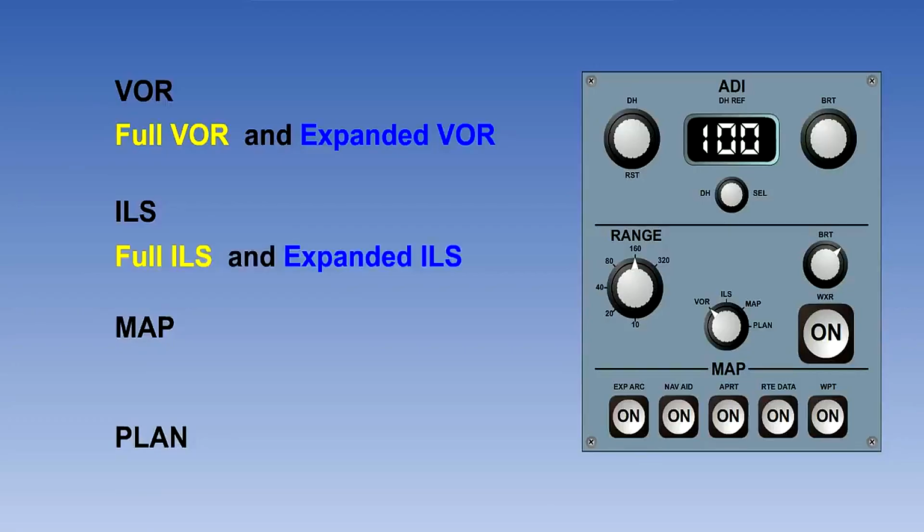Similarly, ILS mode can be subdivided into full ILS mode and expanded ILS mode. We will look at all the modes in turn this lesson. The modes are selected using the controls on the EHSI section of the EFIS control panel, which is highlighted here. The control knob in the center of the EHSI control panel is the principal mode selector.